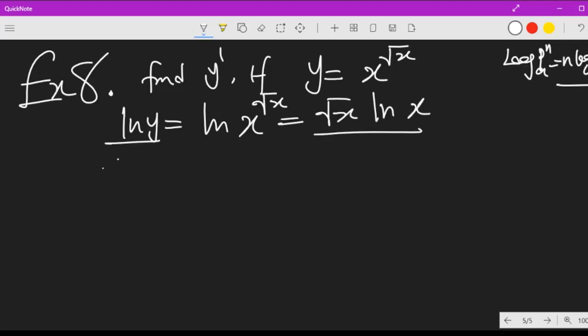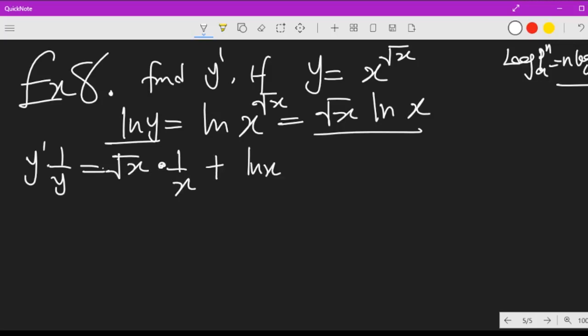So differentiating ln y will give you 1 over y dy/dx, which is equal to, you apply the product rule to this, so we have uv. In doing that, we leave root x and differentiate ln x, plus leaving ln x and differentiating root x.